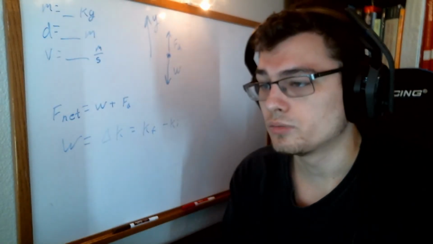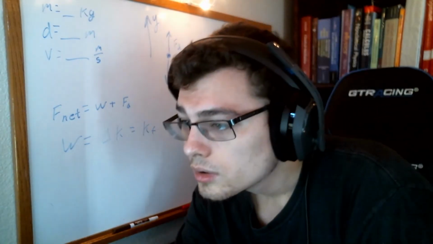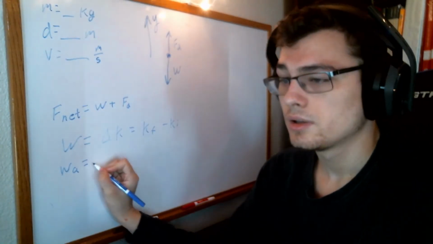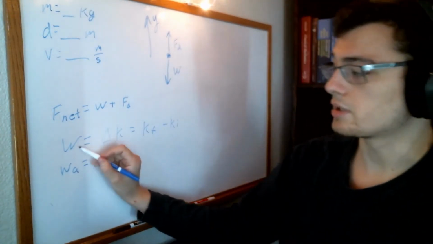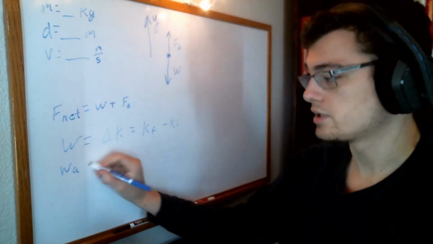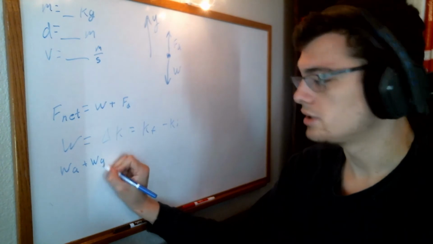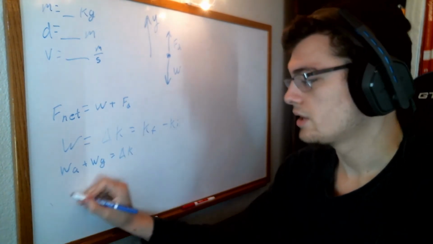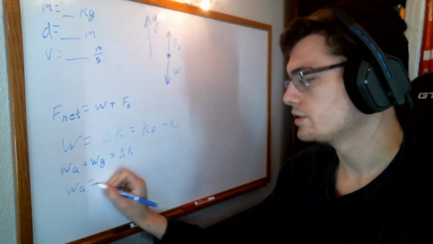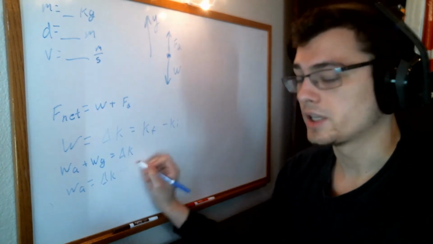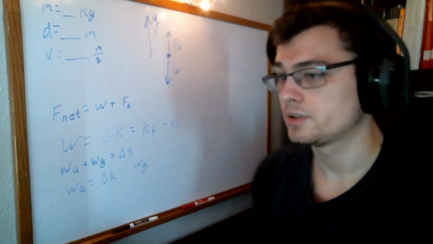The one done by air resistance, WA, is the composite work, right? This is both of these combined. So we know that WA plus WG is going to equal delta K here. And so then WA is going to be equal to delta K minus WG.